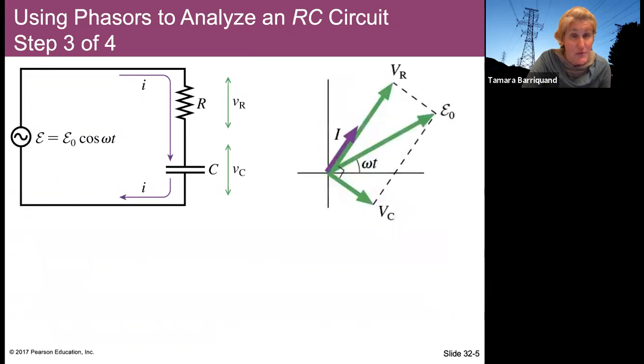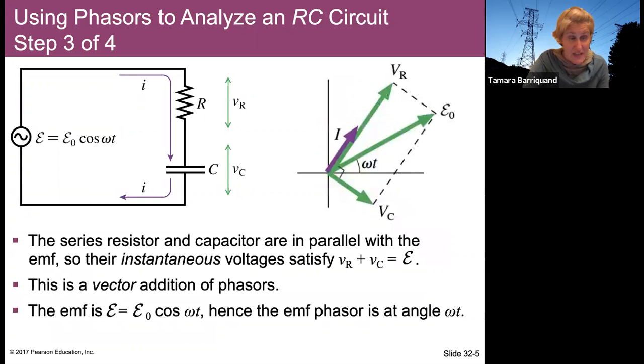Now that we have those two voltages, we know that the series resistor and capacitor are in parallel with the EMF. So their instantaneous voltages must satisfy VR plus VC equals the EMF. This is a vector addition of phasors.